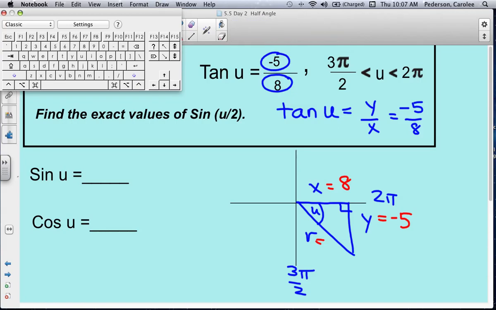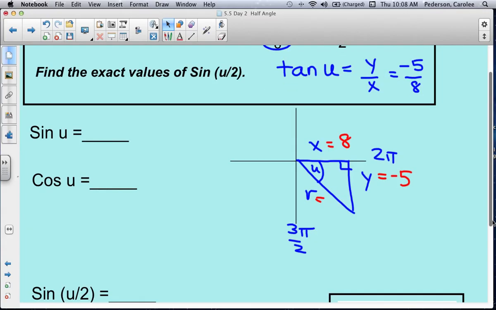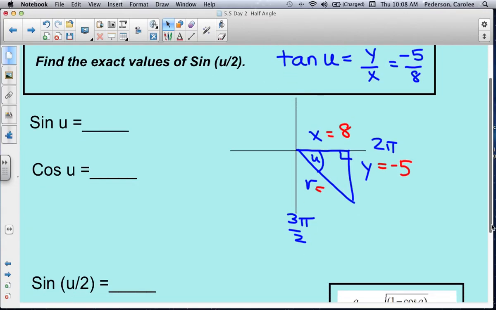Square root of 89. How do we know the square root of 89? Yep, so you want to use the Pythagorean theorem. I would recommend you find all three pieces in that right triangle. So we're going to use the Pythagorean theorem to find the missing r. 8 squared plus negative 5 squared equals r squared.